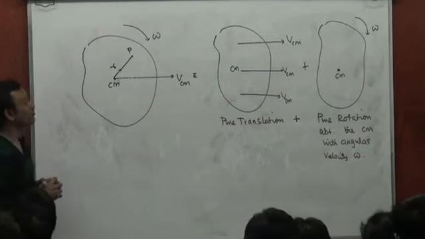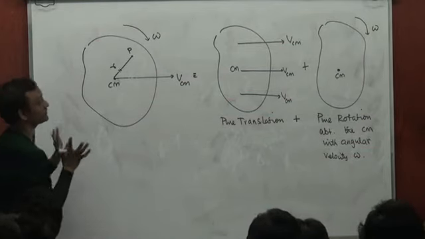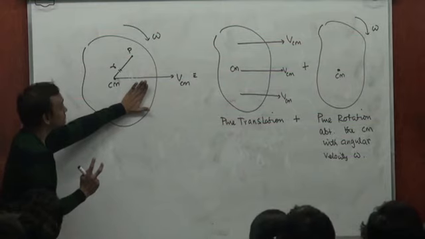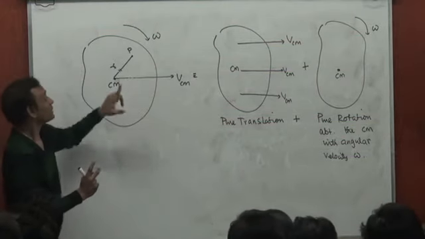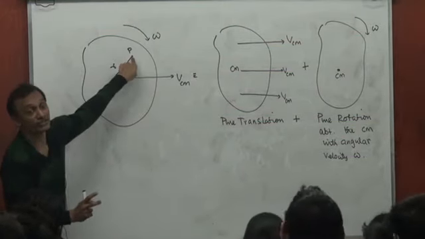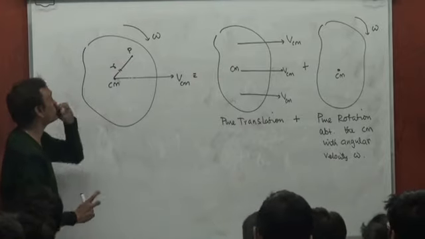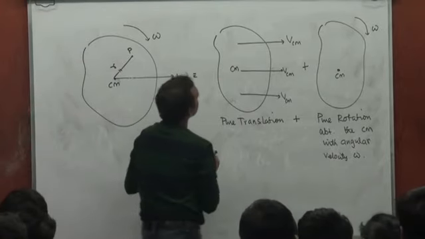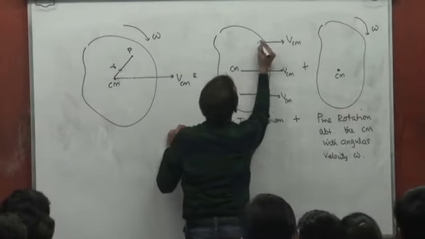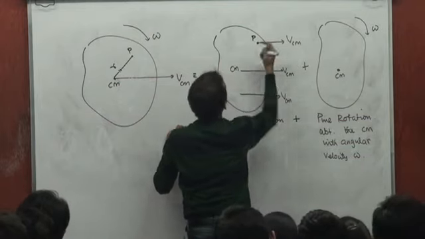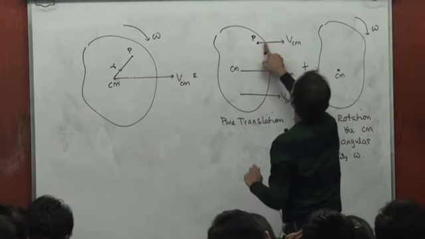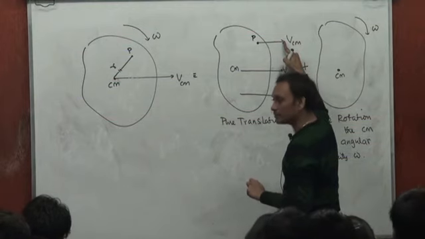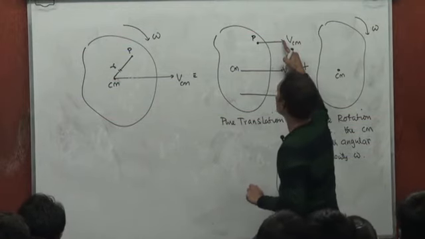And I want to be able to find the velocity of this point. Given general motion of this kind, Vcm and omega given, I want to find the velocity of a certain point P on the body. What I do is, P was here. Because of pure translation, this P had a velocity Vcm like this.